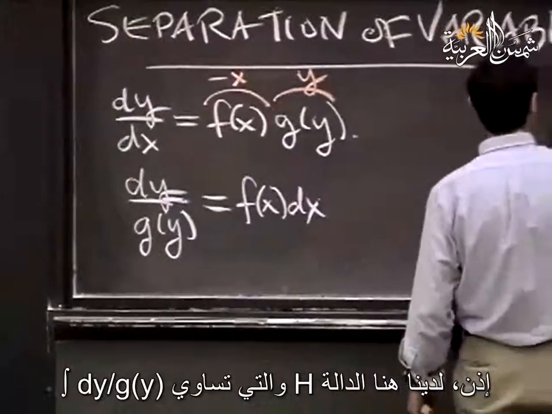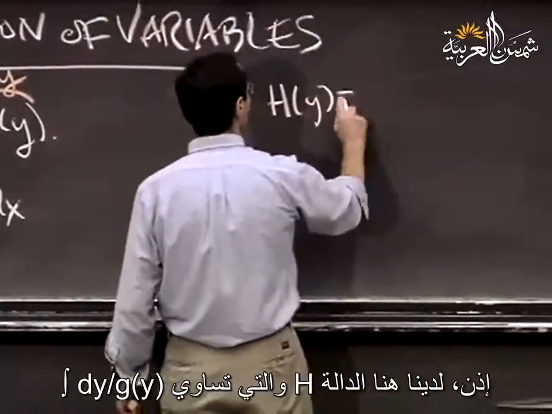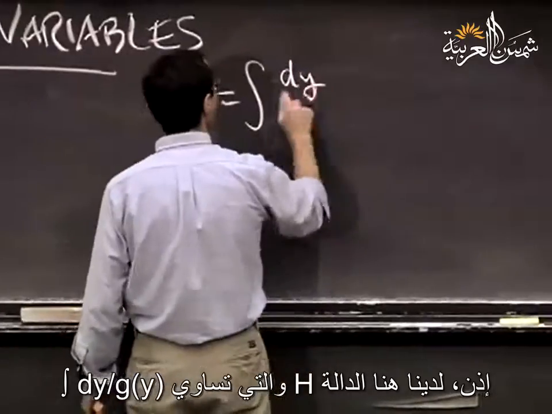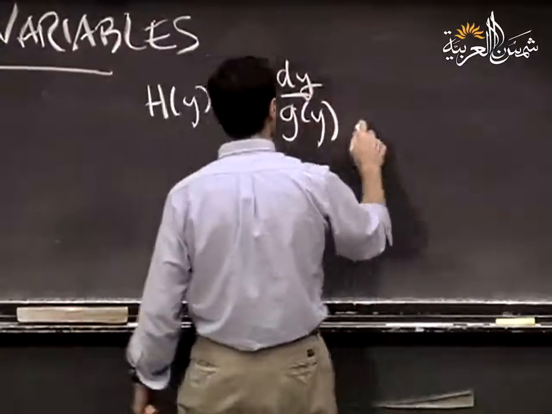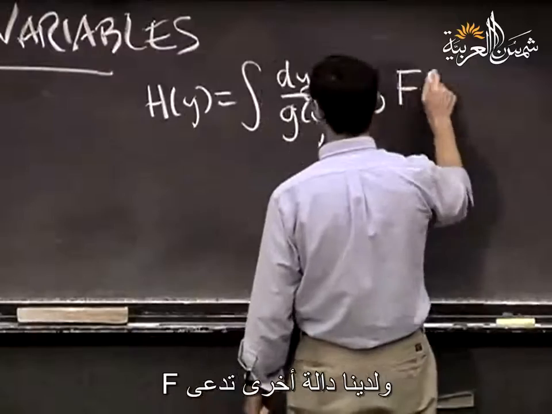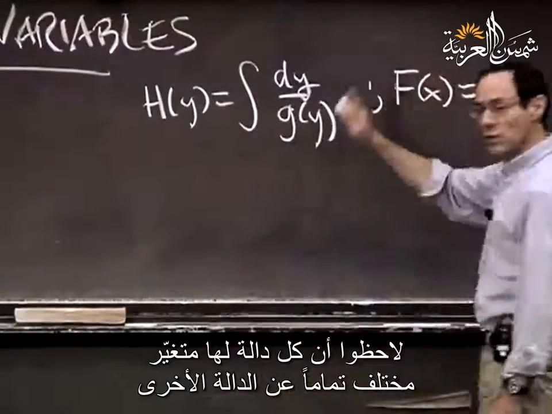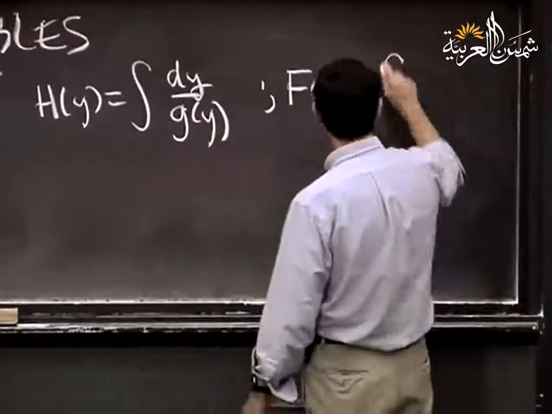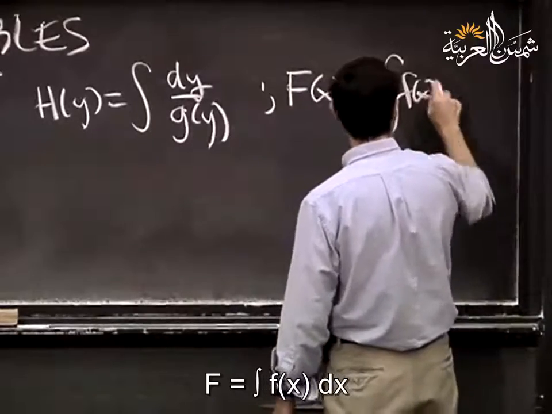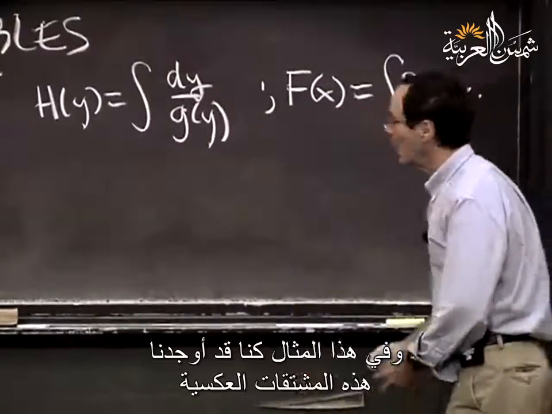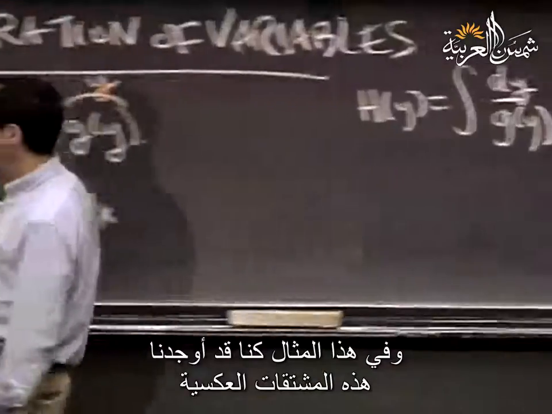So we have a function h, which is the integral of dy over g of y. And we have another function, which is f. Note they are functions of completely different variables here. Integral of f of x dx. Now, in our example, we did that.